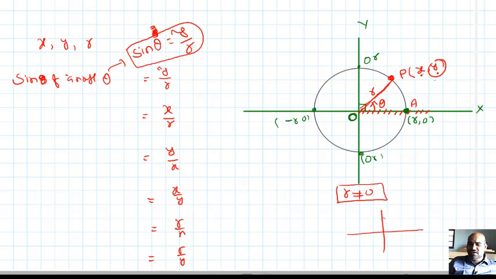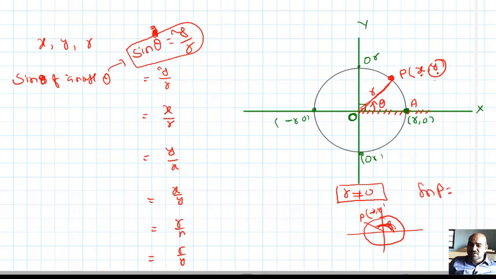So I can rotate. This is my circle with radius r. Now P is here, and this is the angle, say beta. For example, P is (minus x, y). So this is beta. Now what is sin beta? That is important.